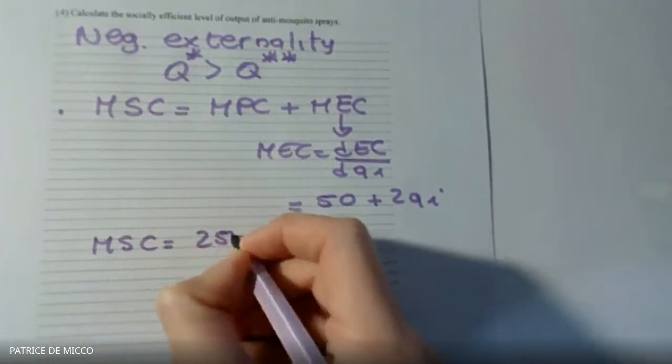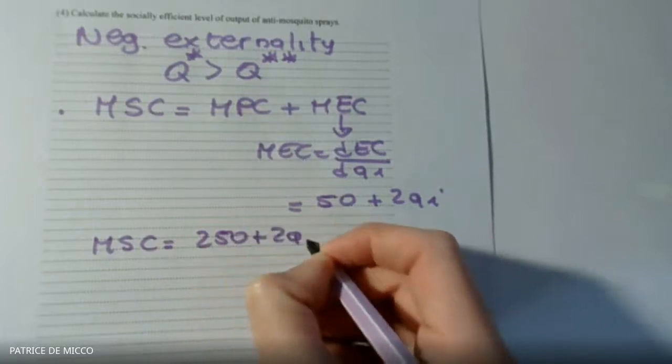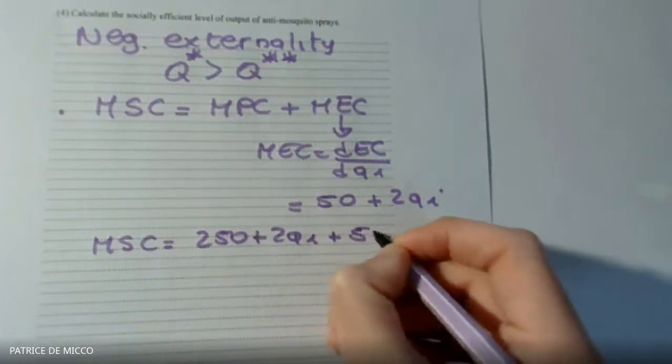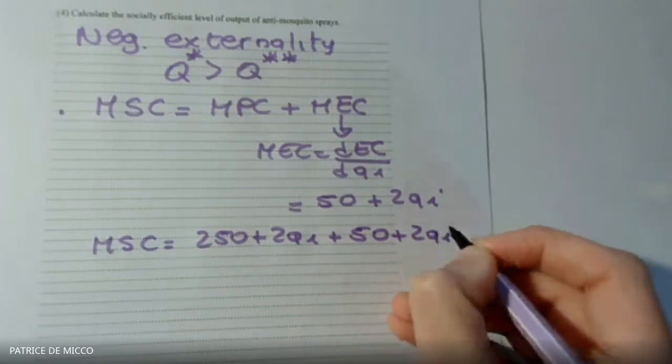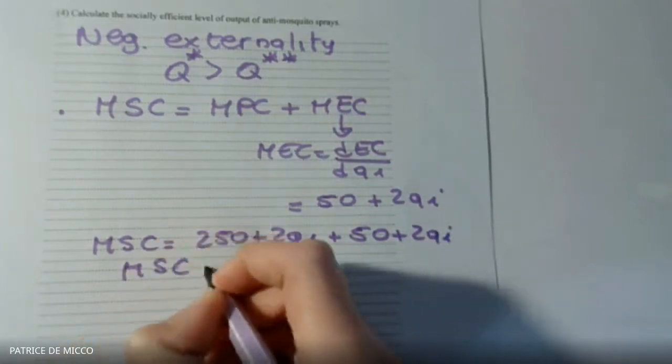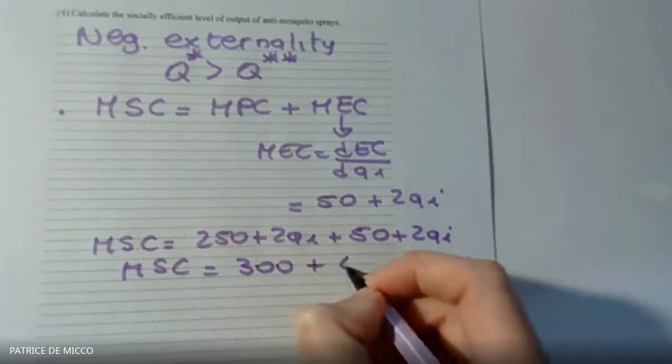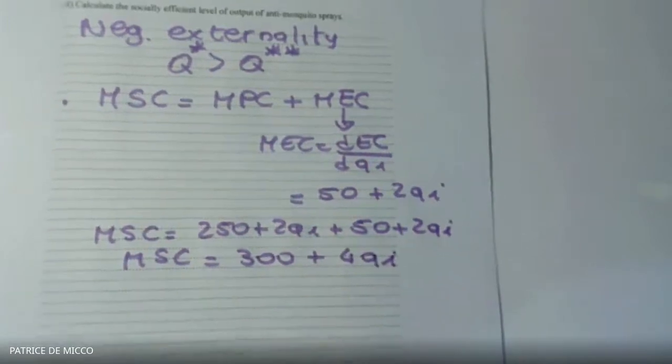We have already computed it, 250 plus 2 QI, plus this thing here, 50 plus 2 QI. And so you get the marginal social cost is equal to 300 plus 4 QI.